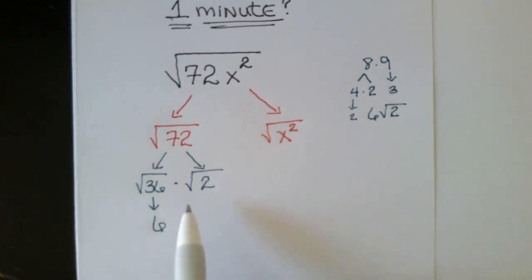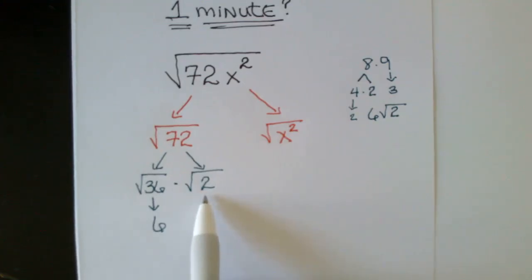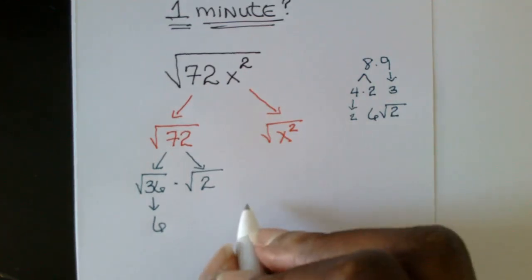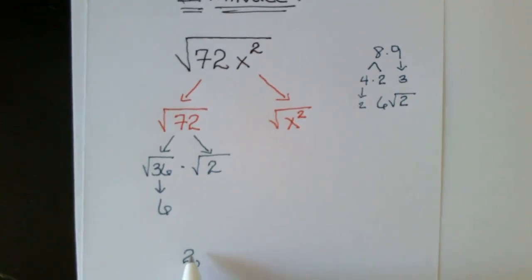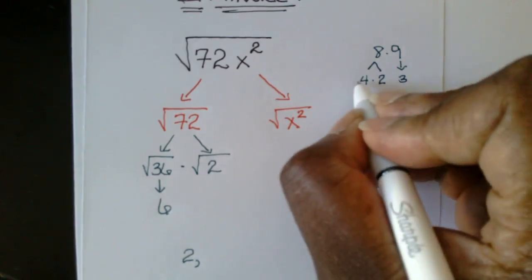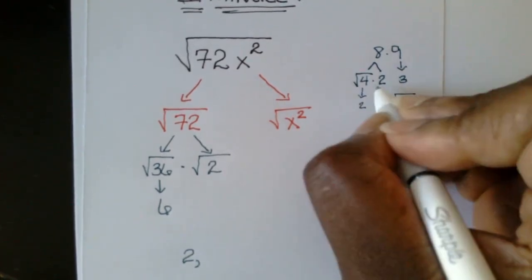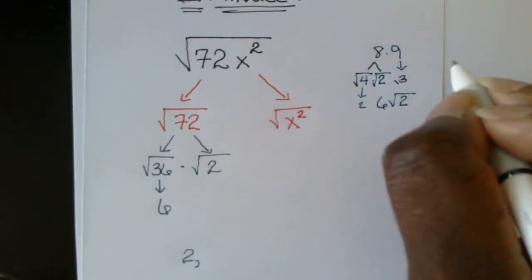Then the square root of 2 remains. 2 is a prime number. How do I know it's a prime number? Anything that has factors of only 1 and itself is a prime number. 2 is the first prime number, not 1. How does 4 break down into a 2? Because these are supposed to be square roots.